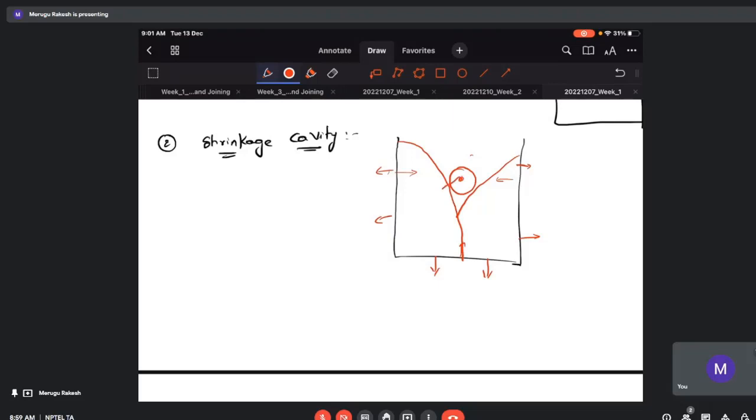Everything got taken away by the solidifying front, and at the center we see an absence of material as shrinkage cavities. This is the defect known as shrinkage cavity, and it can happen inside the metal also. It is not only present at the center. It can also happen inside the casting due to the same effect.